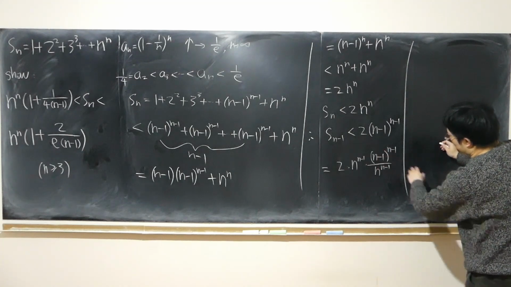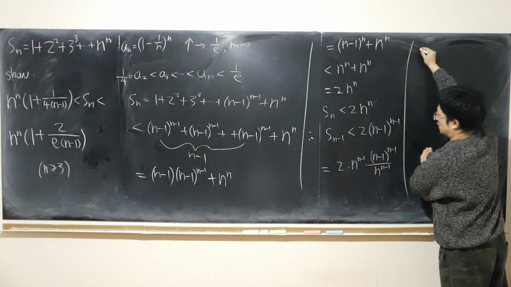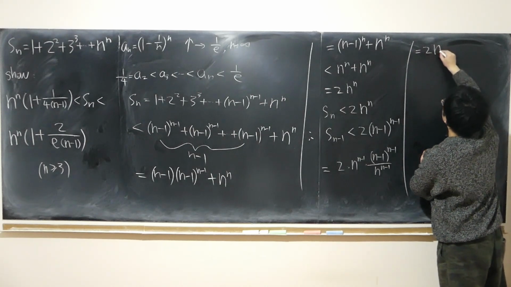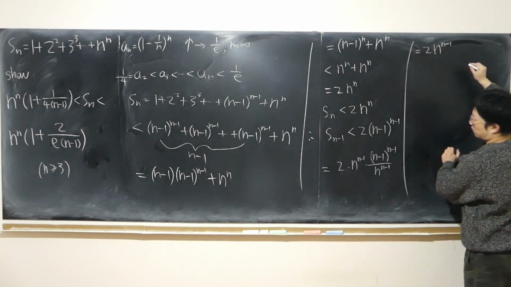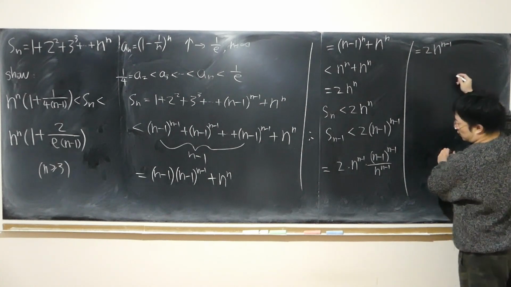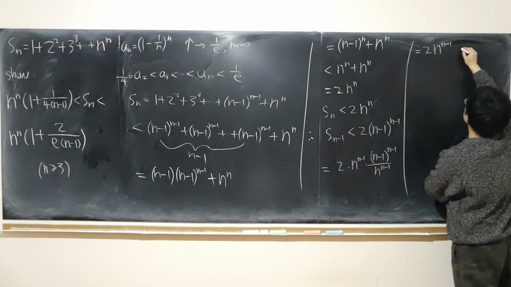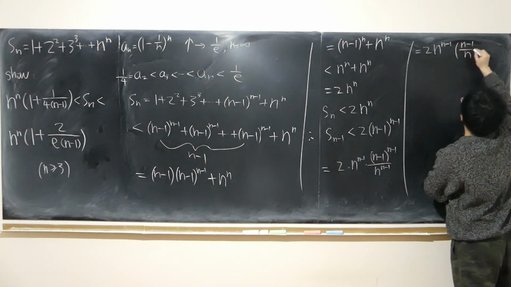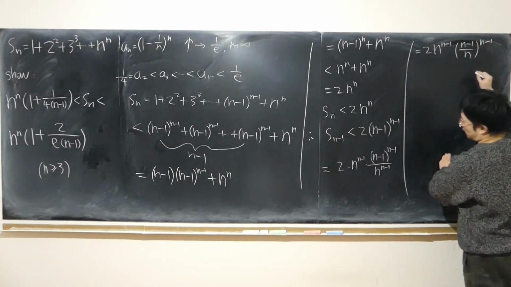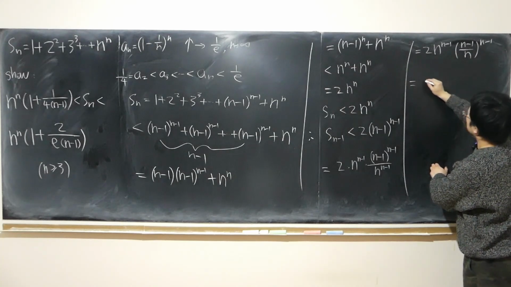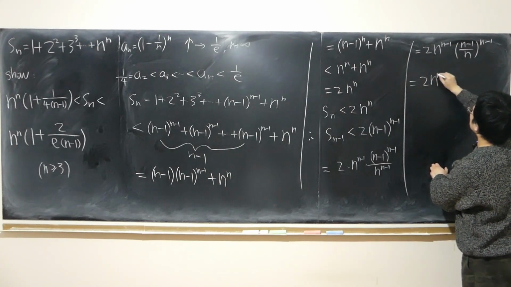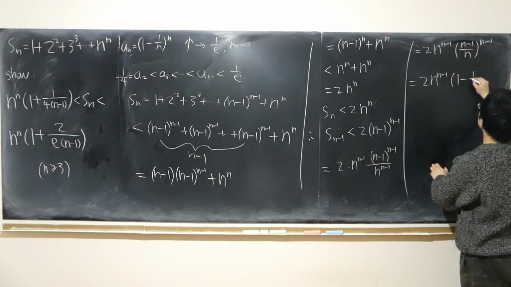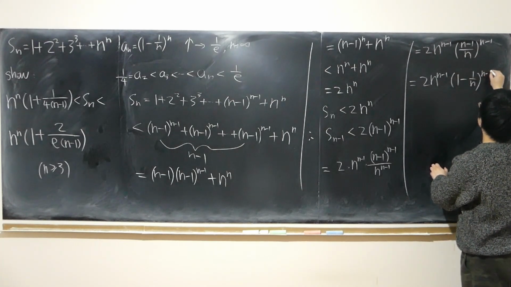Combine those two: 2 times n to the power of n minus 1, over n minus 1 to the power of n minus 1, which is 2 times n to the power of n minus 1 times 1 minus 1 over n to the power of n minus 1.